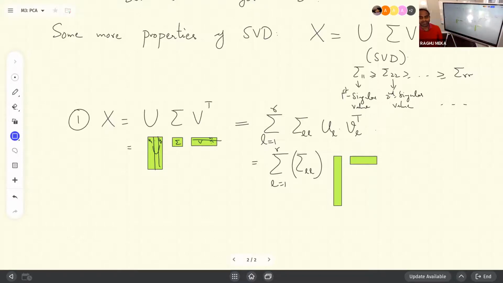Okay, so I'm writing it as a sum of these outer products of individual vectors. It's equivalent to this.